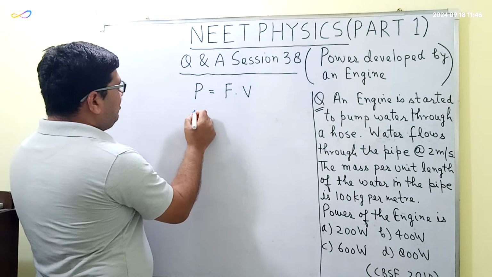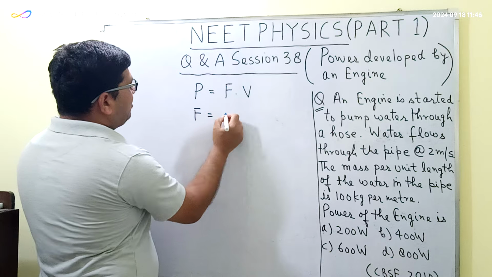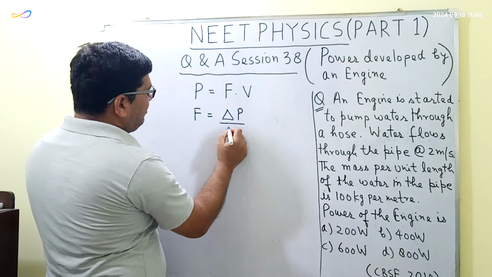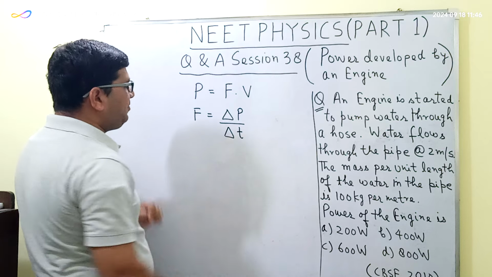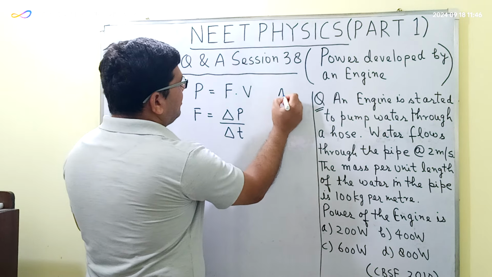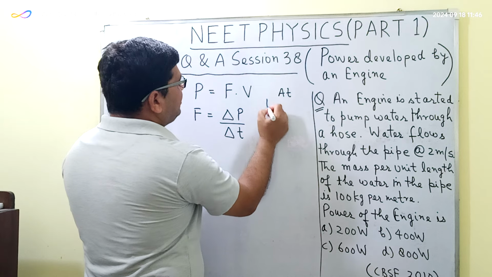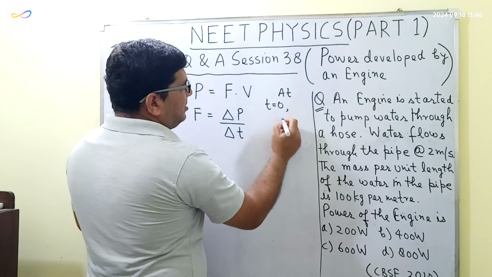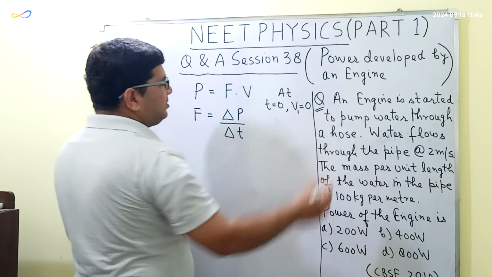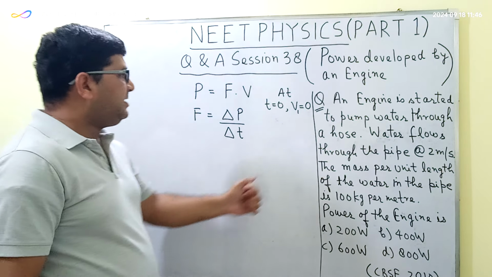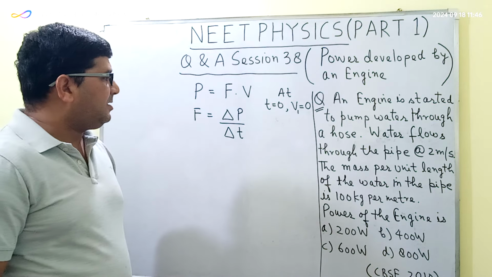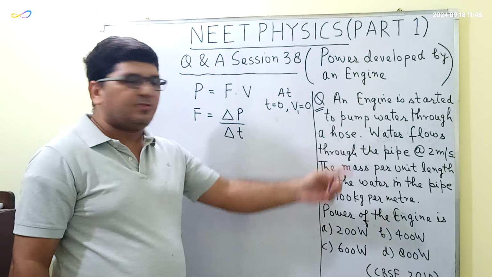Now we also know that F is equal to the rate of change of the momentum. So this can also be written as delta P upon delta T. Now at T is equal to 0, the velocity of the water, say V1, is equal to 0. And when the engine is started, then the water flows through the pipe at the rate of 2 meter per second.